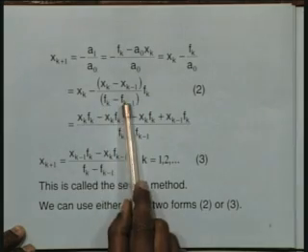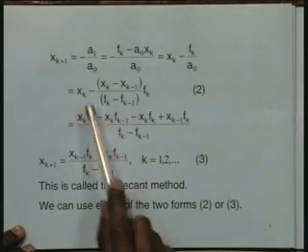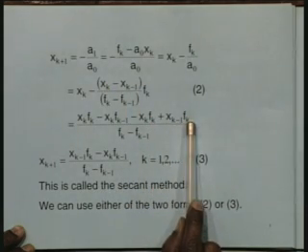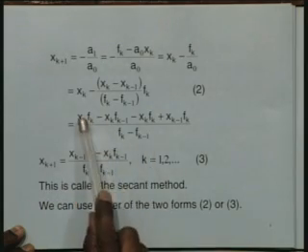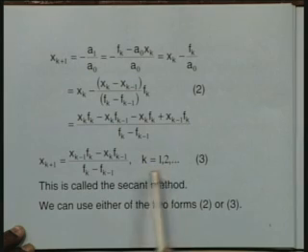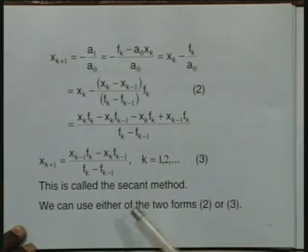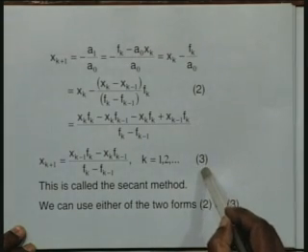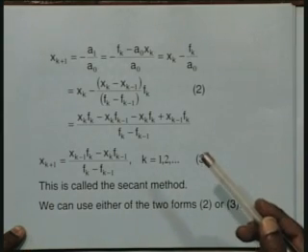So I just multiply these two: xk fk minus xk fk-1, minus xk fk plus xk-1 fk, and therefore this gives us xk+1: these two cancel off, and I would get xk-1 fk minus xk fk-1, divided by this. So this is called the secant method, and we can use either of these two forms.